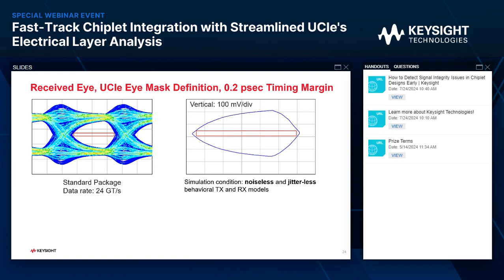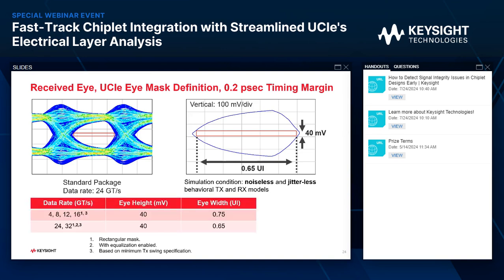In this case, the eye mask requires us to have 40 millivolts eye height, and eye width is 0.65 unit interval. Here is a summary of what's required based on the standard of the data rates, eye height, and eye width. The reason why 24 gigatransfer was chosen was because it gives us a little less eye width.